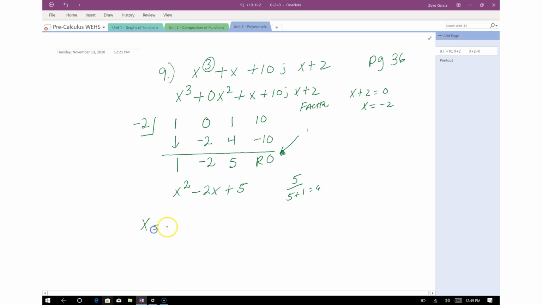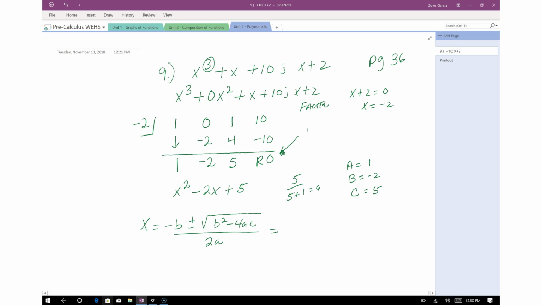So we have x equals negative b plus or minus the square root of b squared minus 4ac, divided by 2a. And I know that a is equal to 1, b is equal to negative 2, and c is equal to 5.